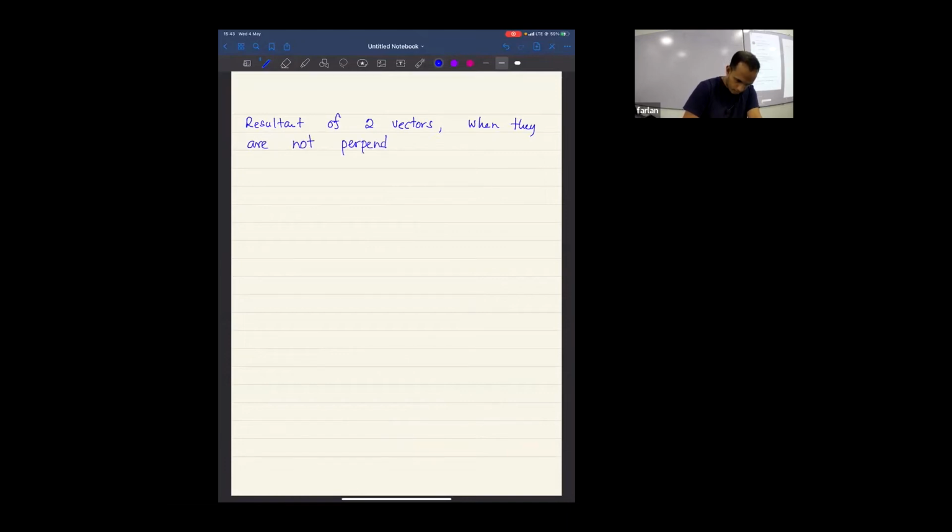If they are not perpendicular, how do you find the resultant?